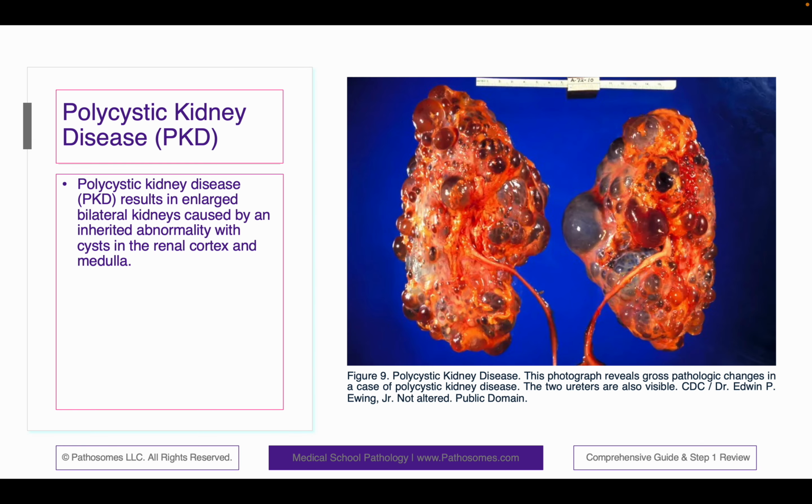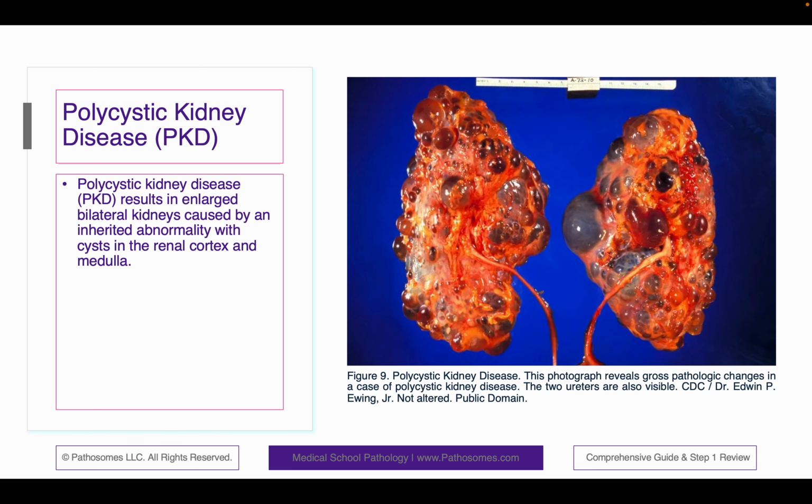Now, this is something you must definitely know: polycystic kidney disease. This condition results in enlarged bilateral kidneys caused by an inherited abnormality with cysts in the renal cortex and medulla.